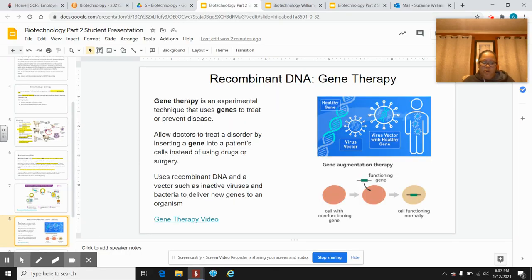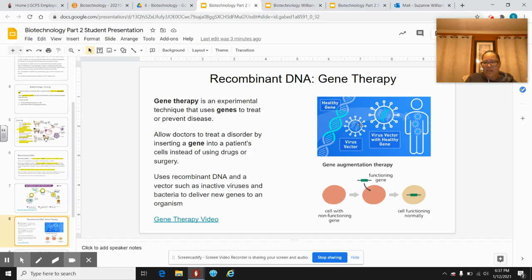All right, so recombinant DNA can be used in gene therapy, which sounds a lot like what it is. It's using recombinant DNA to fix genes that aren't working or are missing. Often in gene therapy, the vector will be not bacteria necessarily, but an inactive virus.